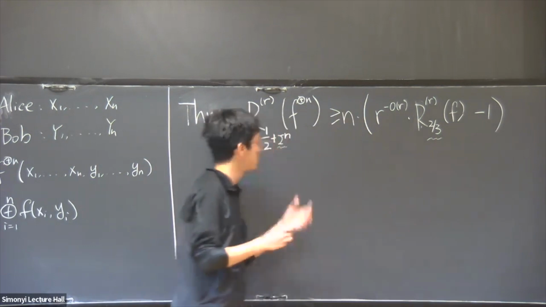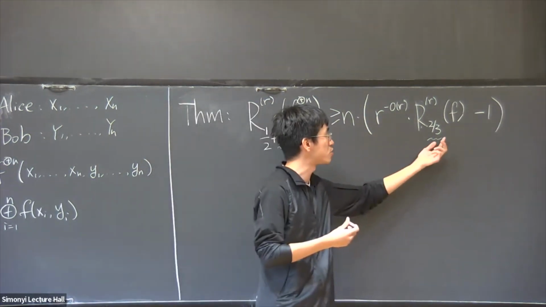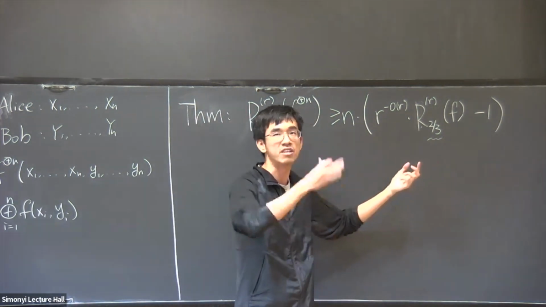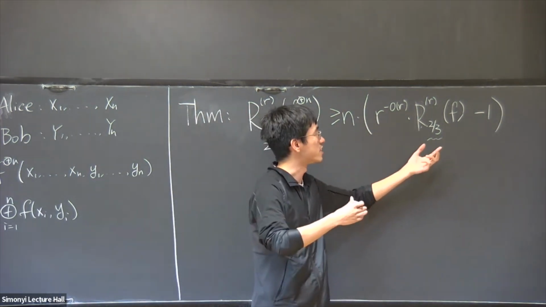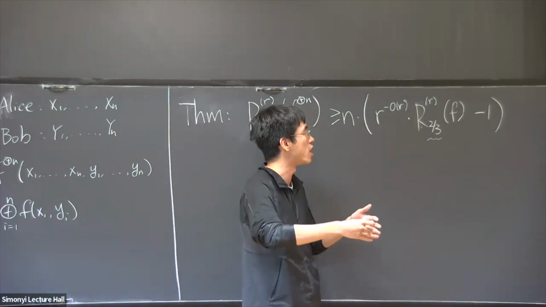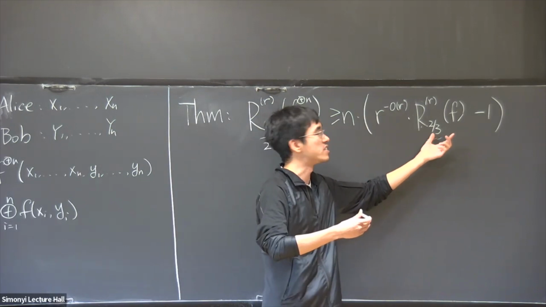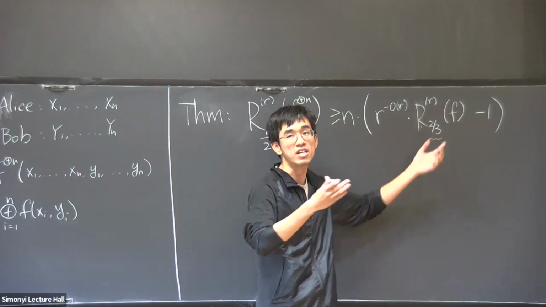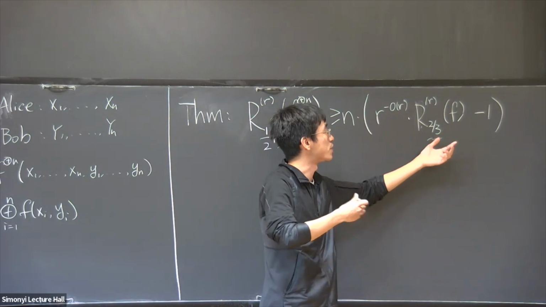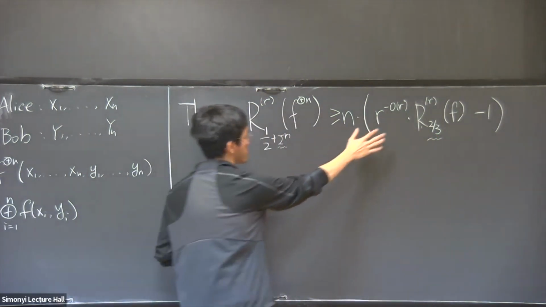This 2 to the minus n, you can replace with any constant, and 2/3 you can also replace with any constant between half and 1. This is because by just repeating your protocol a few times, you increase your communication cost by a constant factor, and then increase this probability to anything close to 1. So for any constant between half and 1, these are within a constant factor of each other, and the constant will be absorbed.